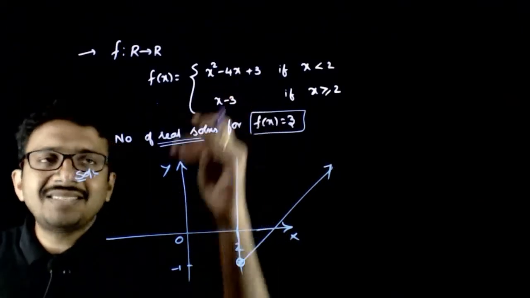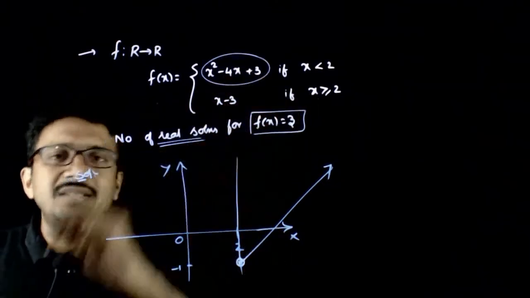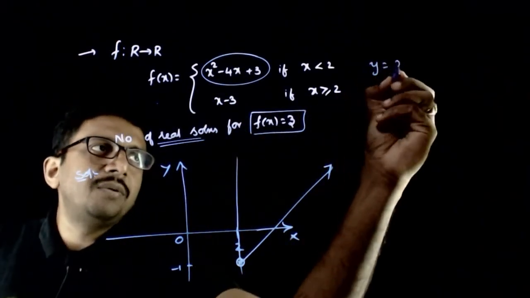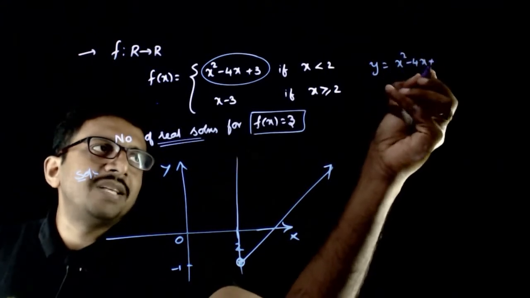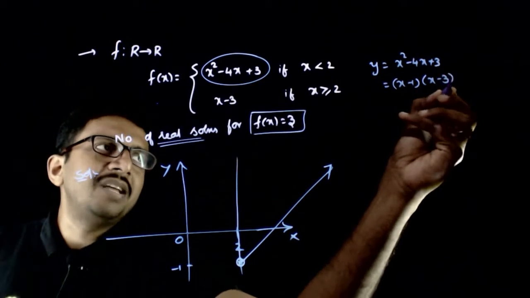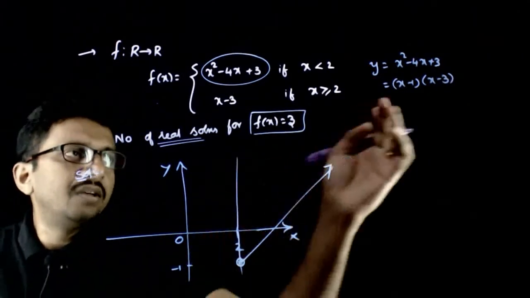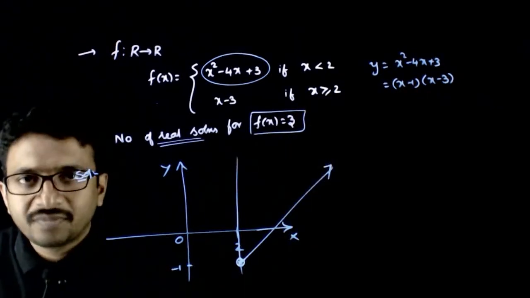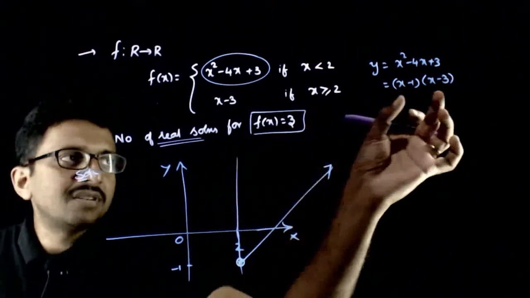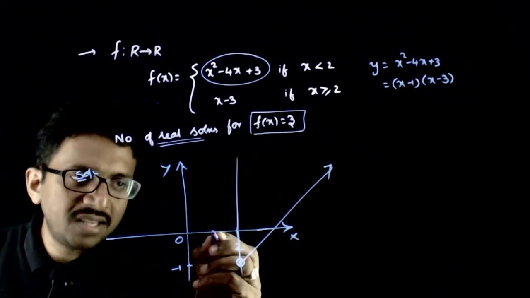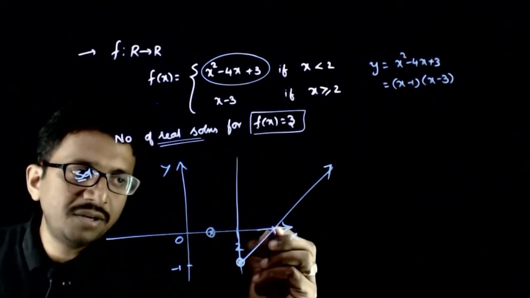Now when x is less than 2, the graph is a quadratic graph. If y is equal to x square minus 4x plus 3, this is nothing but x minus 1 into x minus 3. That is the factorization of this: x square minus x minus 3x is minus 4x, plus 3. If you draw the graph of this, 1 and 3 are the zeros of this function, so x is equal to 1 and x is equal to 3.